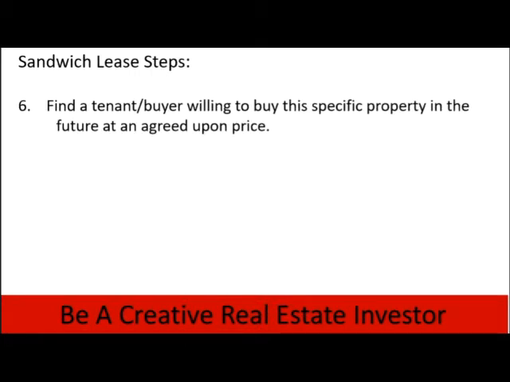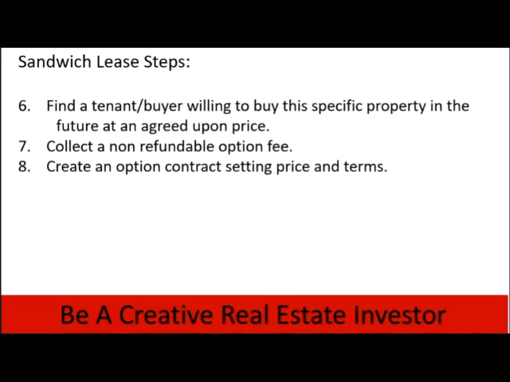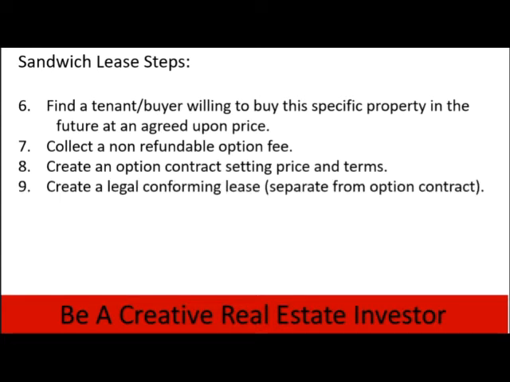You also then find a tenant buyer willing to buy this specific property in the future at an agreed upon price, and you collect a non-refundable option fee. So if they go ahead and they buy the property at the end of the term, they get a credit for that option fee. If they fail to fulfill their obligations, they lose that option fee and you get to keep it. You want to create an option contract setting the price and terms that you've agreed upon as well.